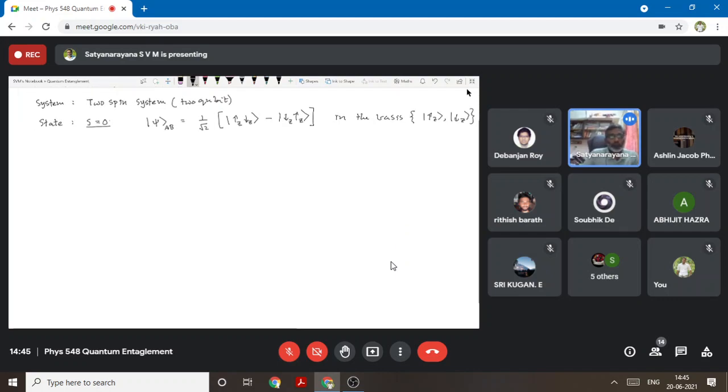Now these two particles are produced in this state, and this is the source which produces these two particles.